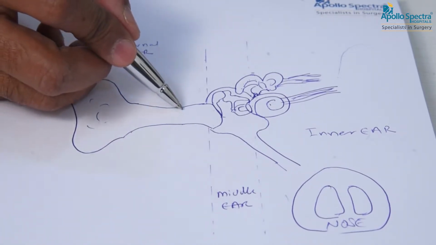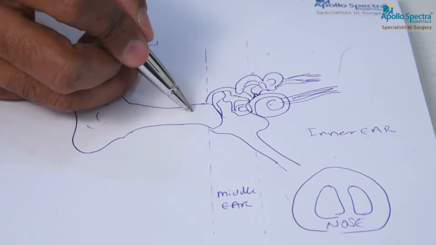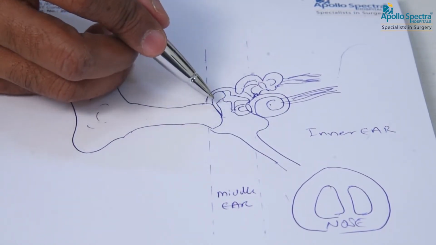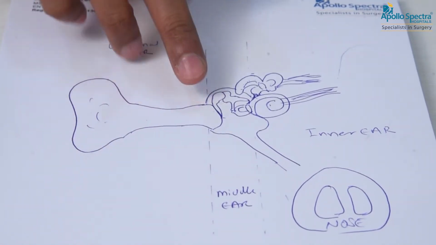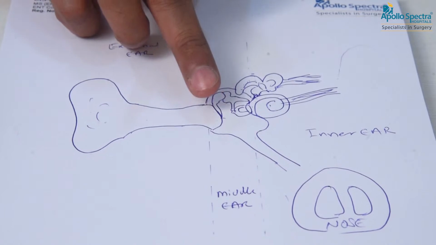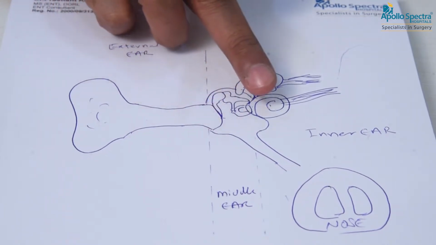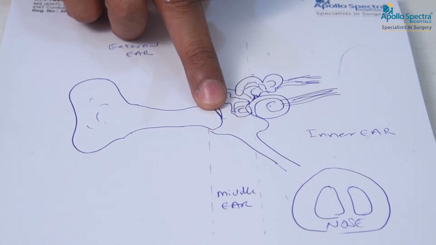That infection, if it occludes the canal, will give rise to difficulty in the sound waves reaching the eardrum, and you may have decreased hearing. Now let's come to the drum. If the eardrum is not intact, if there is a perforation in the eardrum, that much sound energy will not be transmitted inside the ear. So this could be the cause if you are not able to hear properly.